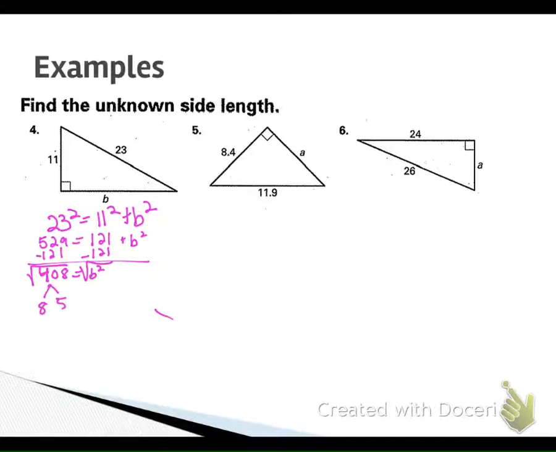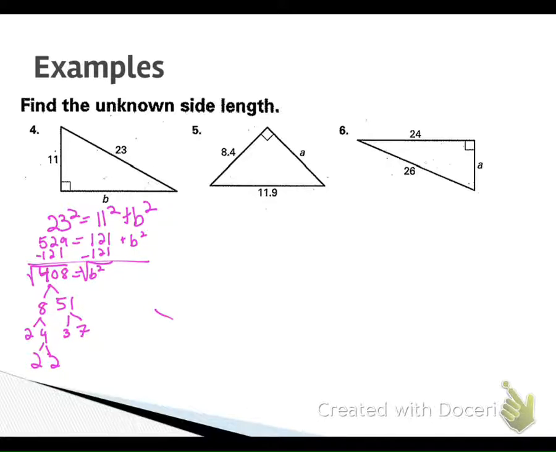Factors of 8: 2 and 4. Factors of 4: 2 and 2. Factors of 51: it has a factor. Yep, 3 and 17.